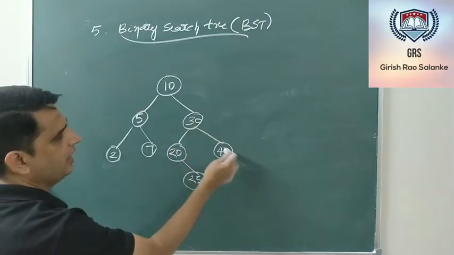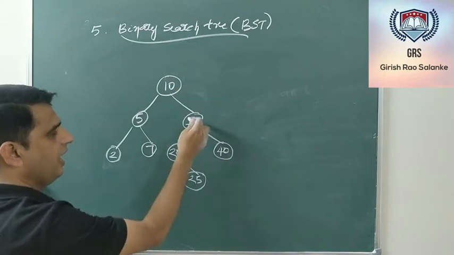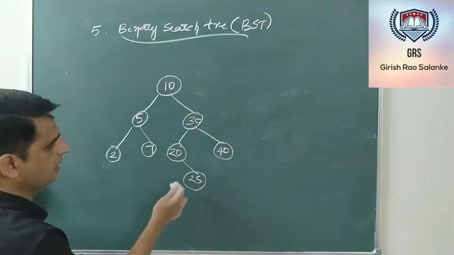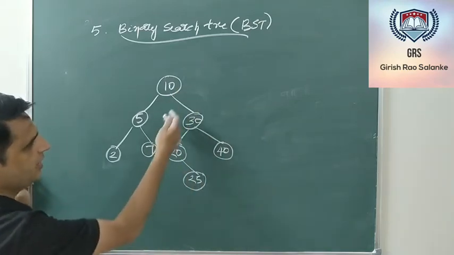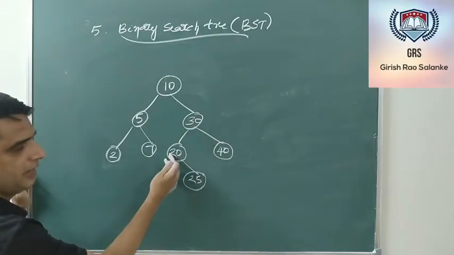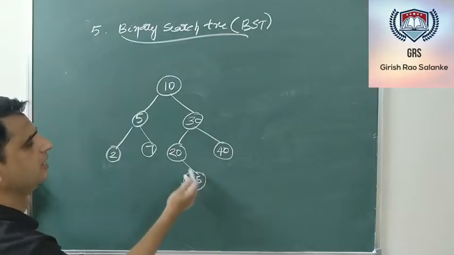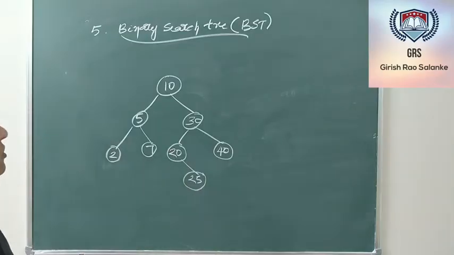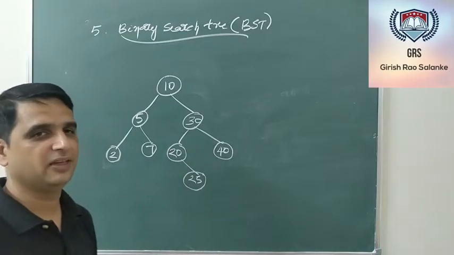The right child of 30 is 40, which is greater than 10 as well as greater than 30. Now 25 is greater than 10, so it has to be on the right side. Less than 30, it has to be on the left side, but greater than 20, so it has to be on the right-hand side. So this is the definition of a binary search tree.